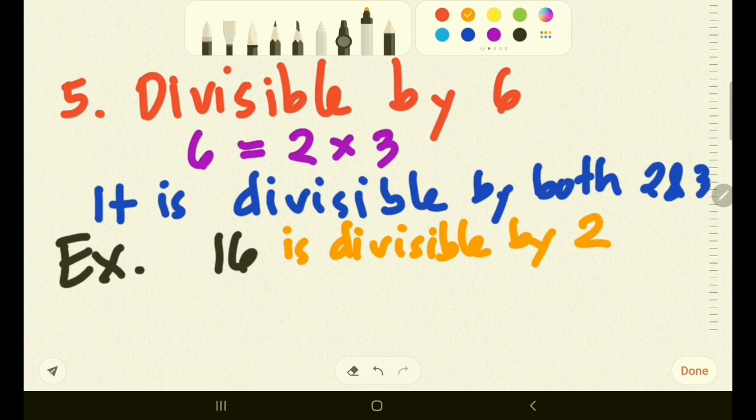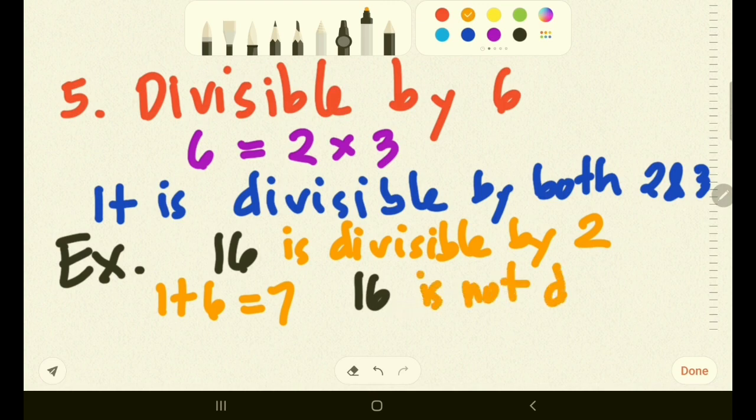How about 3? Again, a number is divisible by 3 if the sum of the digits of the number is divisible by 3. So here, you add 1 plus 6, that is 7. And 7 is not divisible by 3, meaning to say 16 is not divisible by 3.